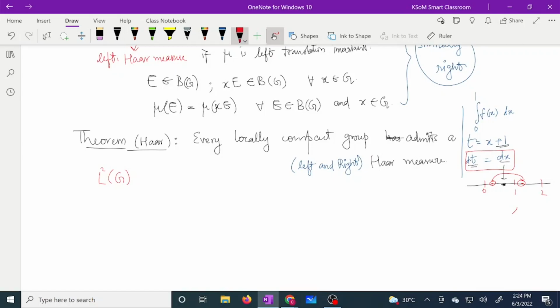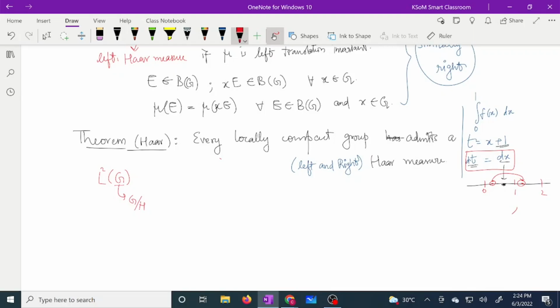In most cases it will not be G, we will have G mod H. We will see how the Haar measure can be brought down here. So first of all, if you take this theorem for granted, it just tells you there is a Haar measure on the group. But in most practical applications, we come up with quotient spaces, which, as we saw, are homogeneous spaces, but there is a way, under some conditions, you can push this from G to G mod H.